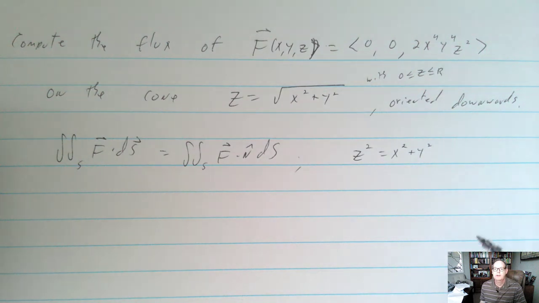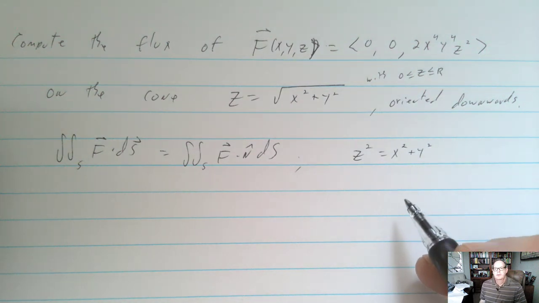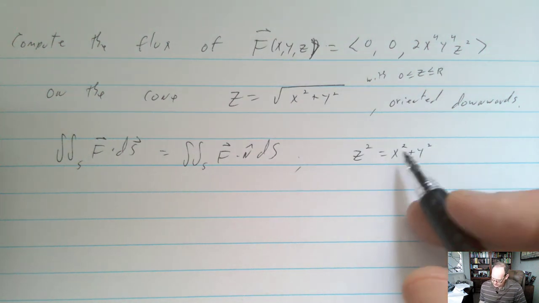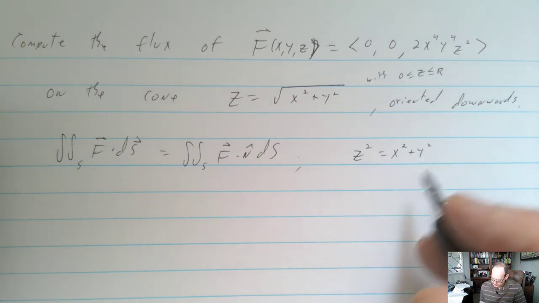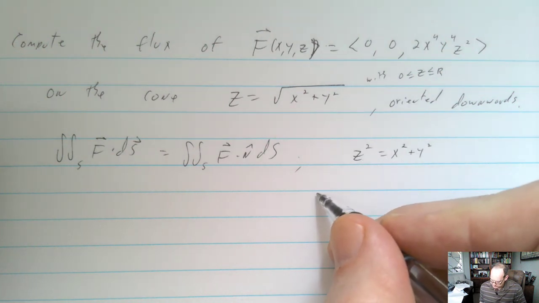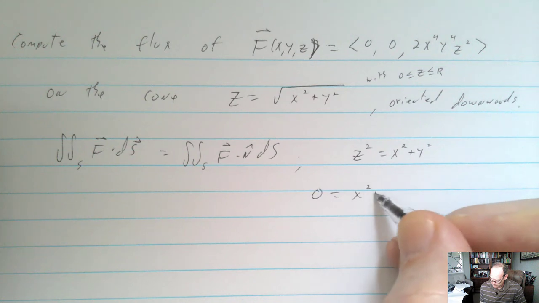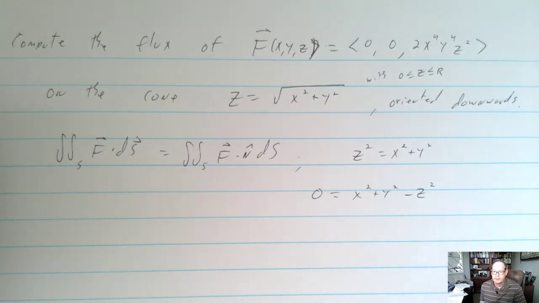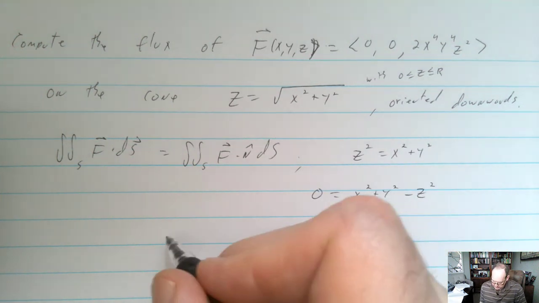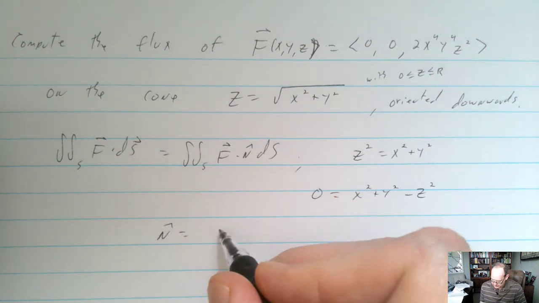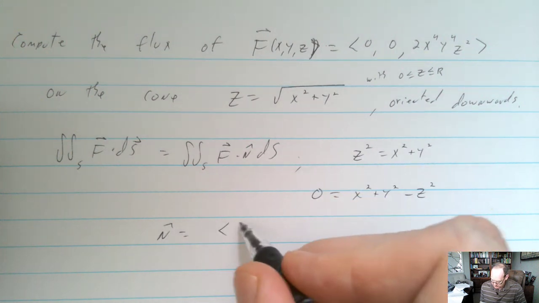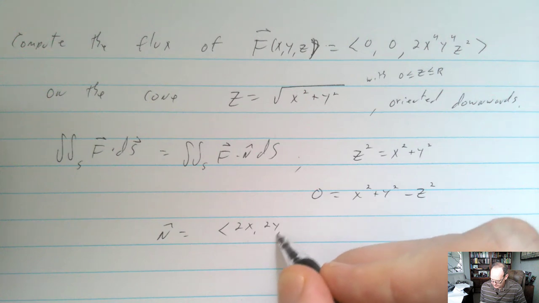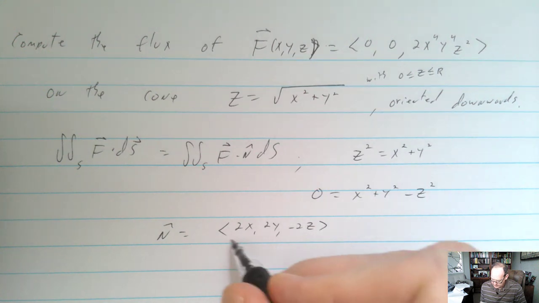That gives me the cone. Oriented downwards, so I want z negative, so let's move it this way. So we have 0 equals x squared plus y squared minus z squared. And then my unit normal would be the gradient, 2x, 2y, negative 2z.